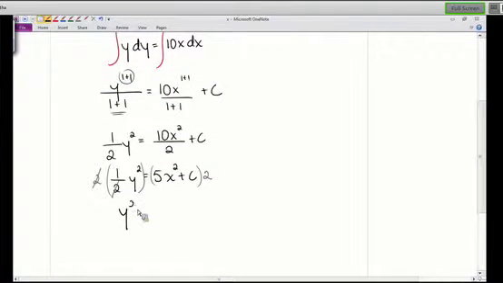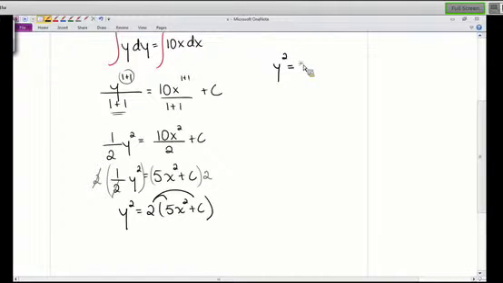Therefore, we'll end up with y squared is equal to 2 times 5x squared plus our constant c. Now, our final answer is not expressed with a set of parentheses, so we'll distribute 2 to get rid of our parentheses, and I'm going to finish this problem off over to the right.